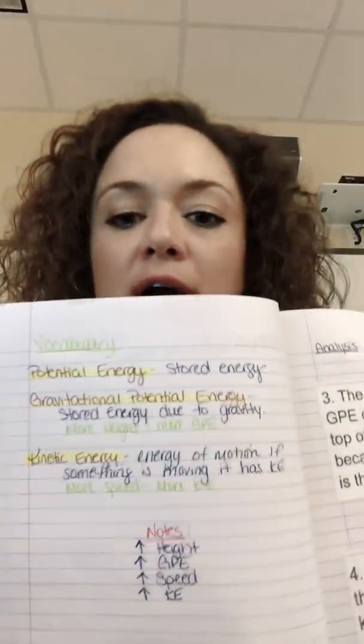Now, after you're done reading that article, in the next document underneath the article in Schoology, there are a couple more vocab words: kinetic energy, gravitational potential energy, regular potential energy. I want you guys to go ahead and write that down in your journal. So after your speed practice problems, write down your new vocab words.